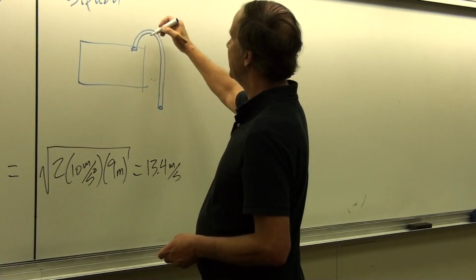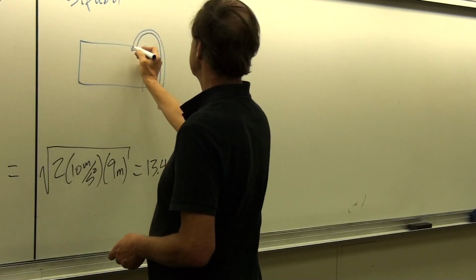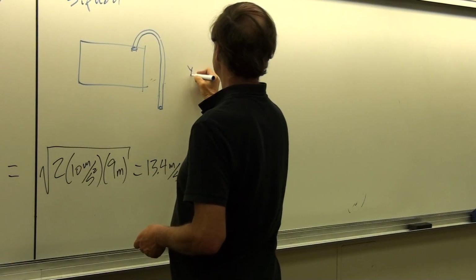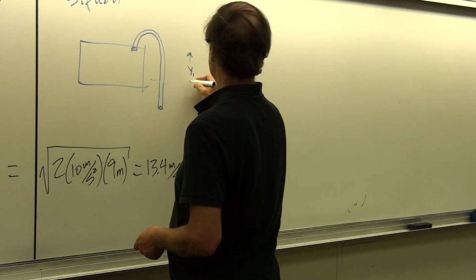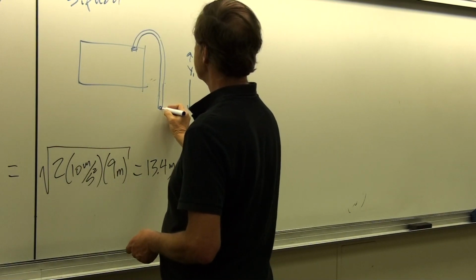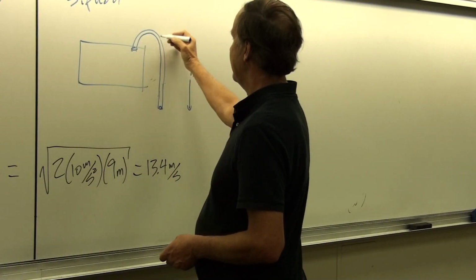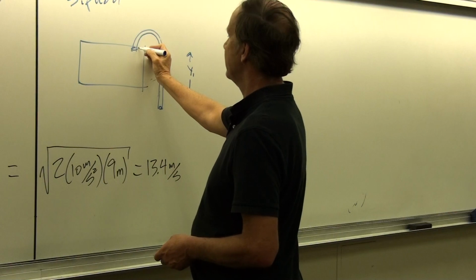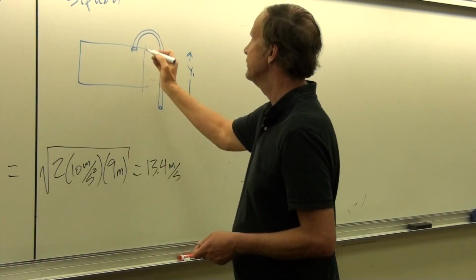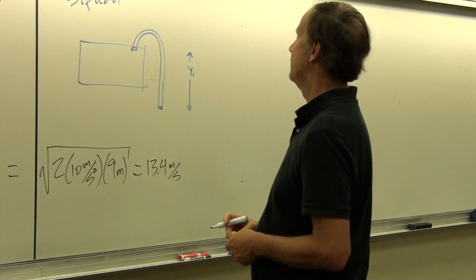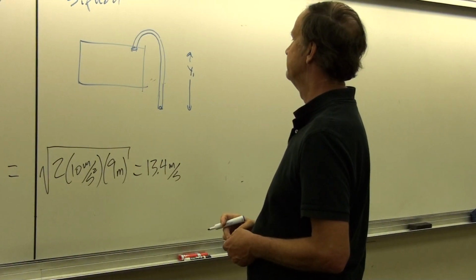The basic idea with the siphon, if this is the fluid level, is that there's a certain distance y1 from where the water is coming out of the siphon, and that has to be lower than the level of the water surface where you're drawing the water out from.